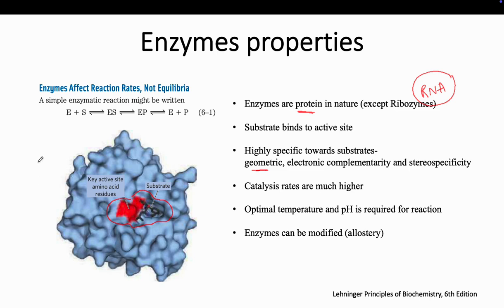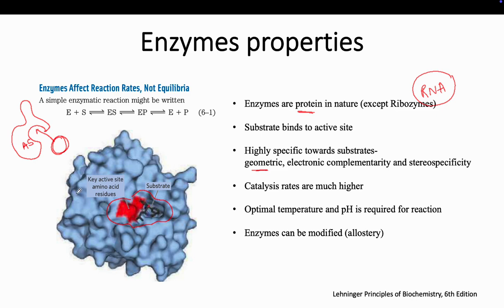It means that suppose the enzyme pocket is a curved pocket, so that a circular or curved substrate will go and bind into this specific geometric active site. So this is the geometric complementarity.